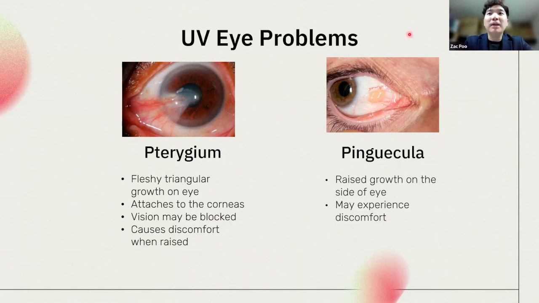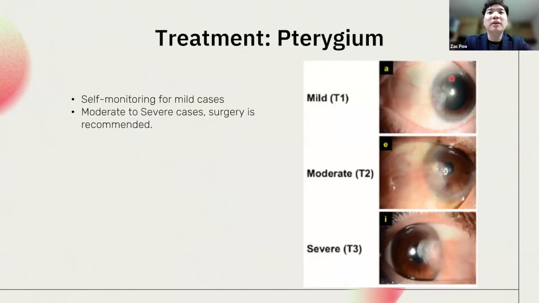Now, the more severe one is pterygium, because it's attached to your cornea, the clear part of the eye. There are different stages to it. At first, you will notice your eyes are a bit red at the side, usually constantly red, and you will see this fibrous tissue attached there. It may not be very obvious to the naked eye unless it reaches the moderate stage.